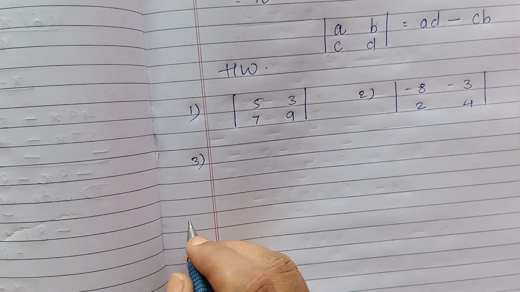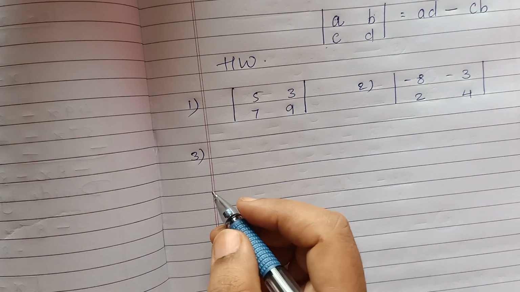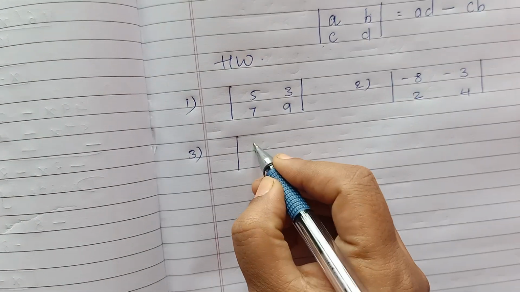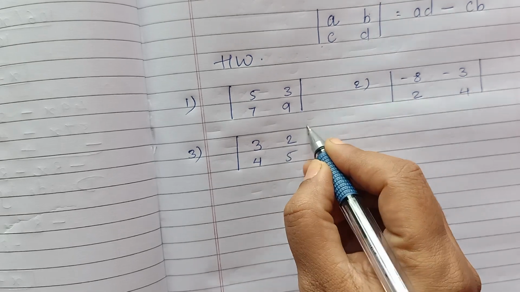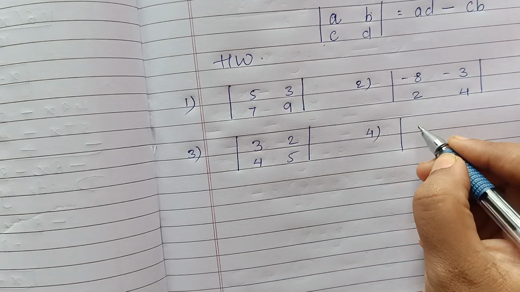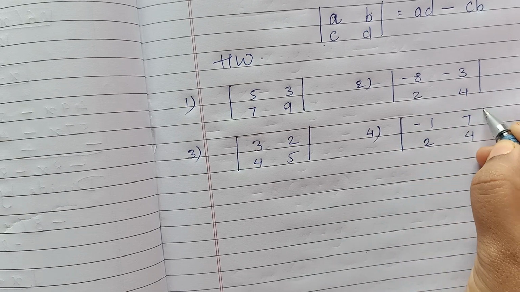Third one will be 3, 4, 2, 5. Fourth one will be -1, 2, 7, 4.